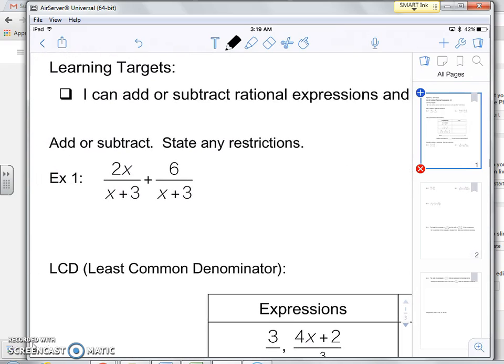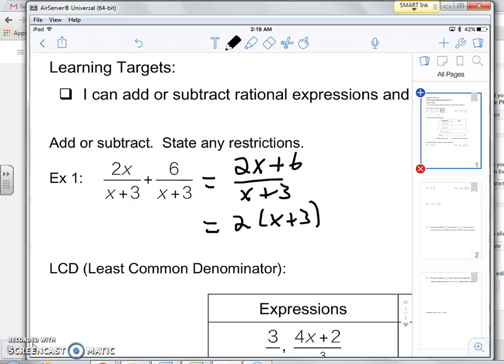We have 2x over x plus 3 plus 6 over x plus 3, and we have the same denominator, so we're going to go ahead and add the numerators. And they are unlike terms, so they do not combine. But once we put them together, we notice that the numerator factors, both terms in the top are divisible by 2.